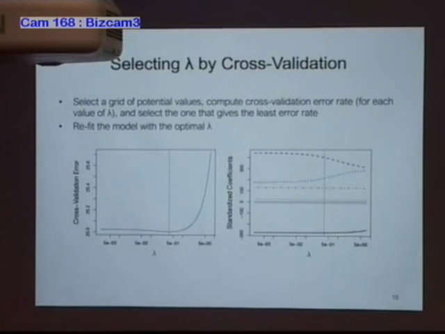So how do we choose lambda? Again, for each given lambda, we can find the corresponding set of betas. So we have our model. We can use our model to predict out of sample, and if we can predict out of sample, we can measure its performance. So this is the picture.